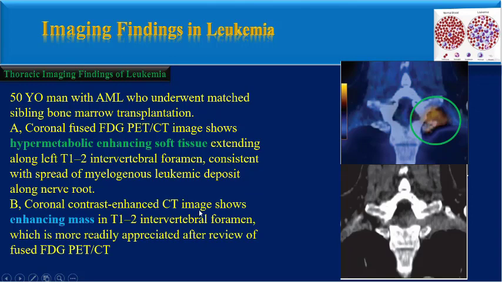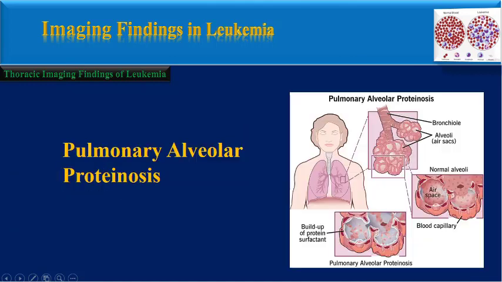Coronal contrast enhanced image shows an enhancing mass in the T1, T2 intervertebral foramen, which is more readily appreciated after review of fused FDG PET.